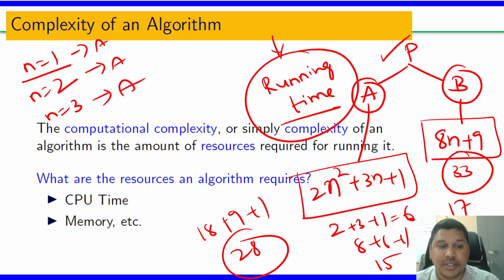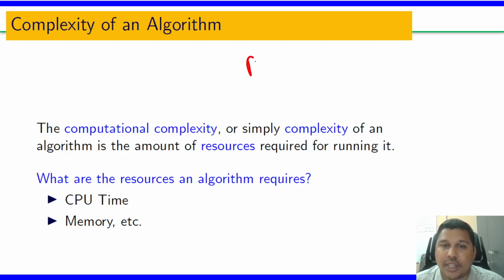So we cannot simply say, based on the expression 2n square plus 3n plus 1, by seeing running time alone, that we can come to a conclusion. I'll summarize what we are seeing here. Given an algorithm or a program, whatever you call it, it does not depend on the size of the input.